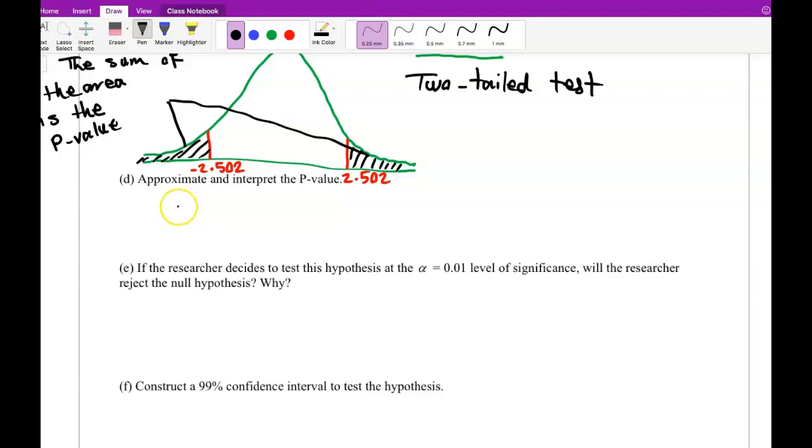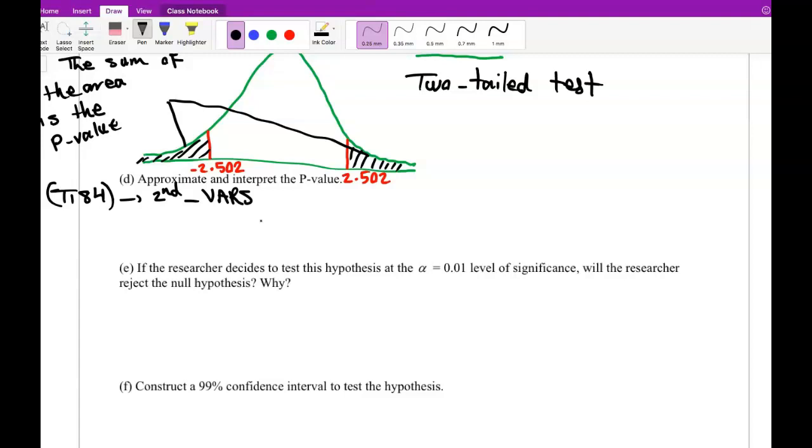Okay, here we can use a calculator. Using a TI-84 or 83 calculator, we should use tcdf. Let me show that on the calculator. First press second, then vars.